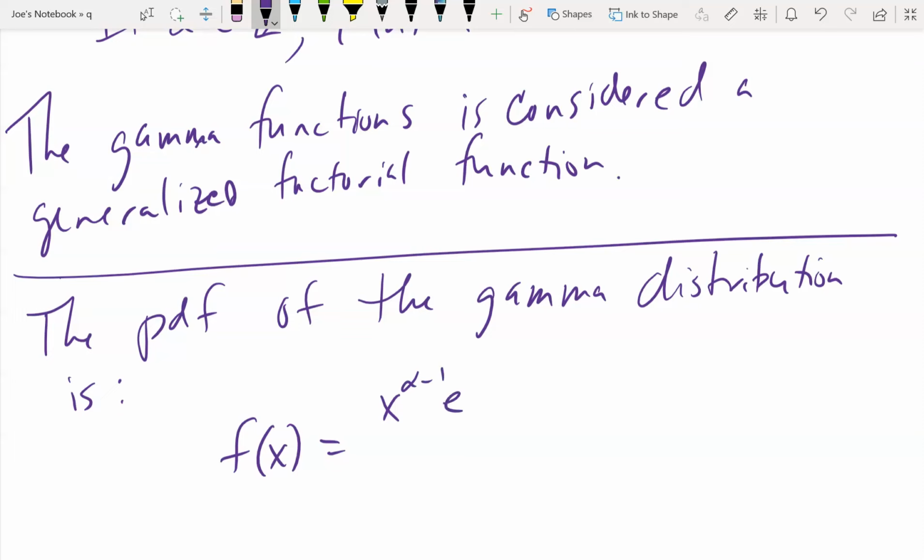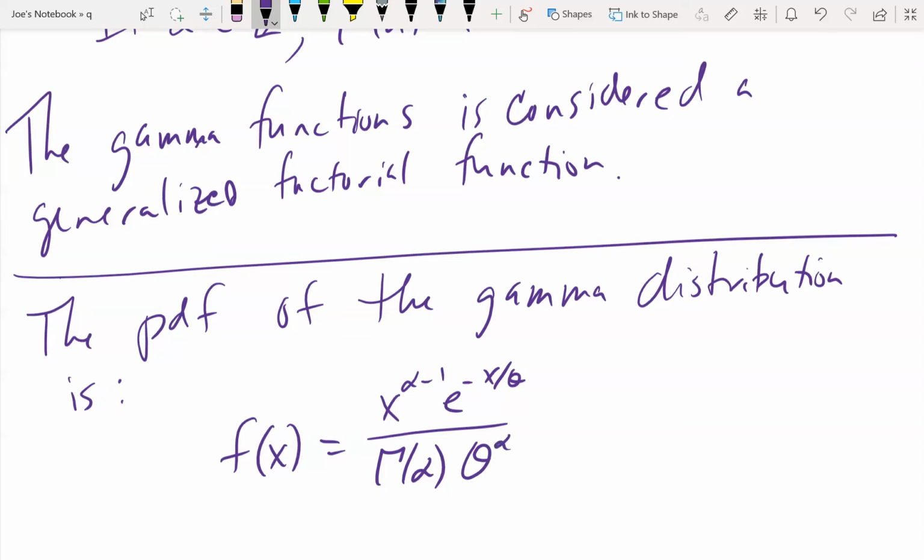And instead of having a lambda from the Poisson process, we're going to invert it like we do for the exponential and make it a 1 over theta. So in your exponent for your e, you'll have an e to the minus x over theta. And then the denominator will have gamma of alpha, which is taking the place of the alpha minus 1 factorial, and a theta to the alpha.